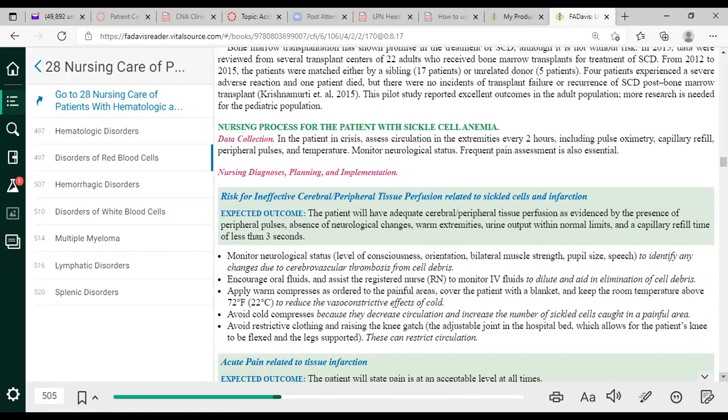We can't diagnose a patient with sickle cell or diabetes or anything like that. Doctors do medical diagnosis. Nurses do nursing diagnosis. We look at what you're going through and we come up with a diagnosis based on what you are at risk for. If I know that this patient is having a sickle cell crisis, I know that this patient is at risk for pain.